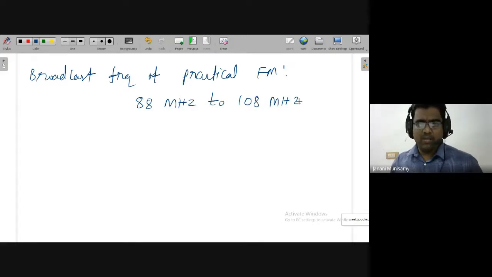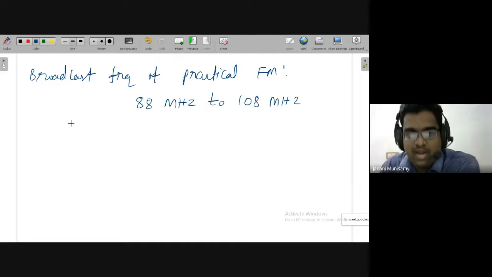Also please remember, FM frequency is reusable. That means the same frequency that is being used at Chennai can be reused elsewhere, or mostly the same frequency can be reused beyond 150 kilometers.